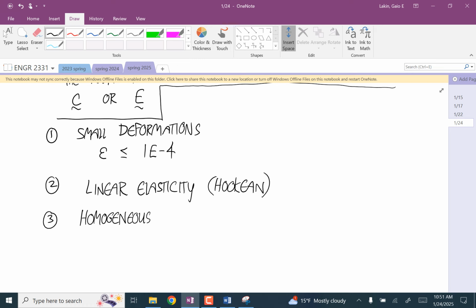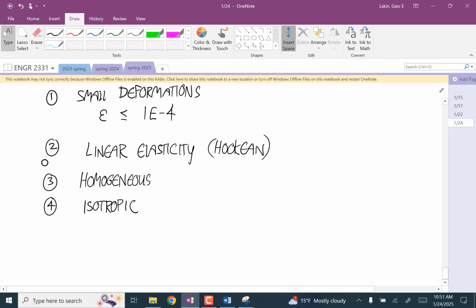Think of homogenized milk, like they blend it to distribute all the blood and hair and fat and rat feces evenly. And the last one is isotropic. And that means same material properties in every direction.